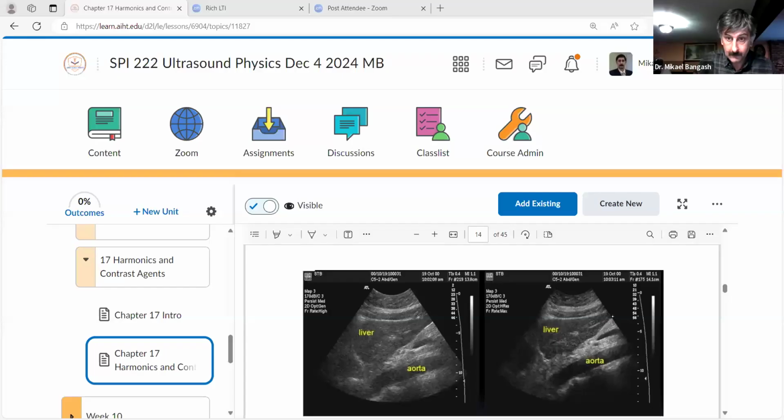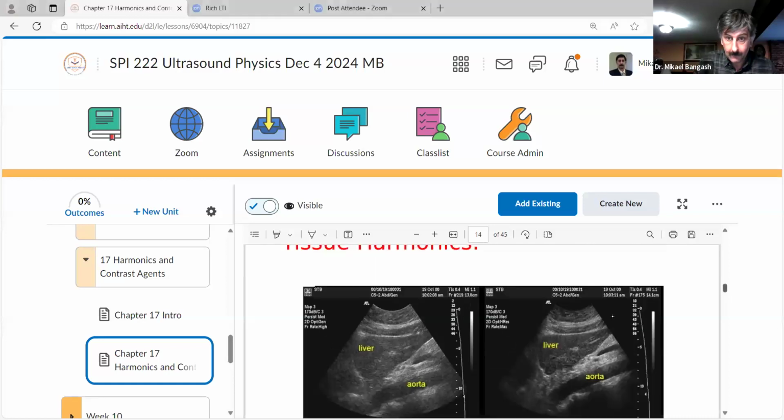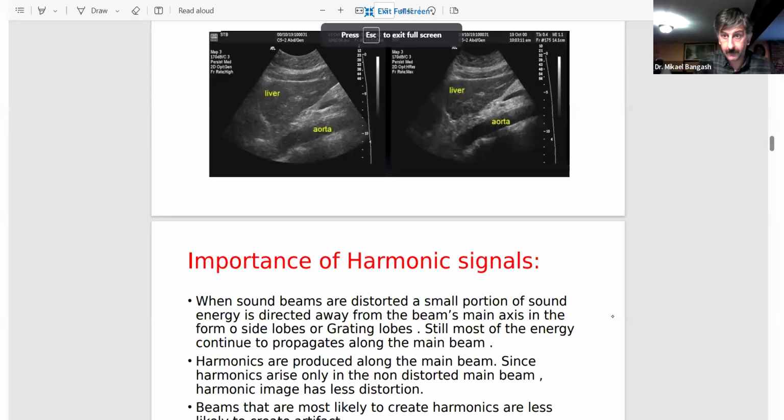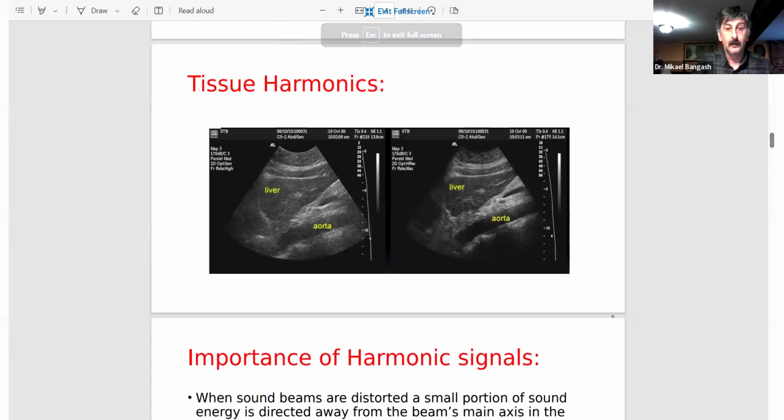Or even, guys, if you look here, that's just from the PowerPoints on Brightspace. But again, if you look at these two images here.